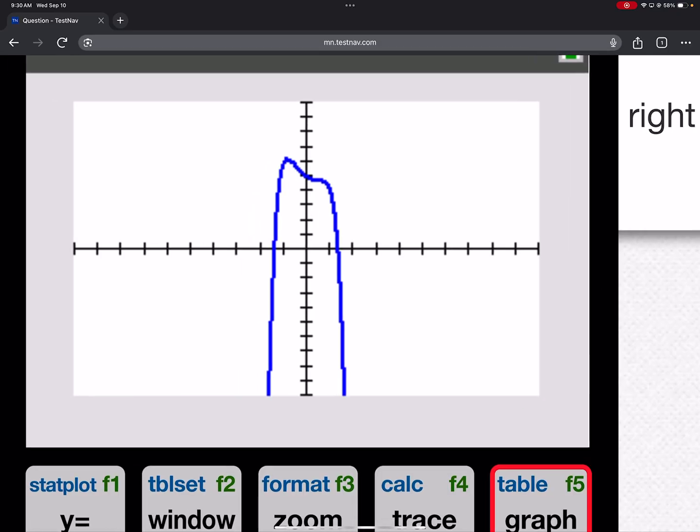This one's a lot more clear, right? Okay, so does everybody have that function on their screen?